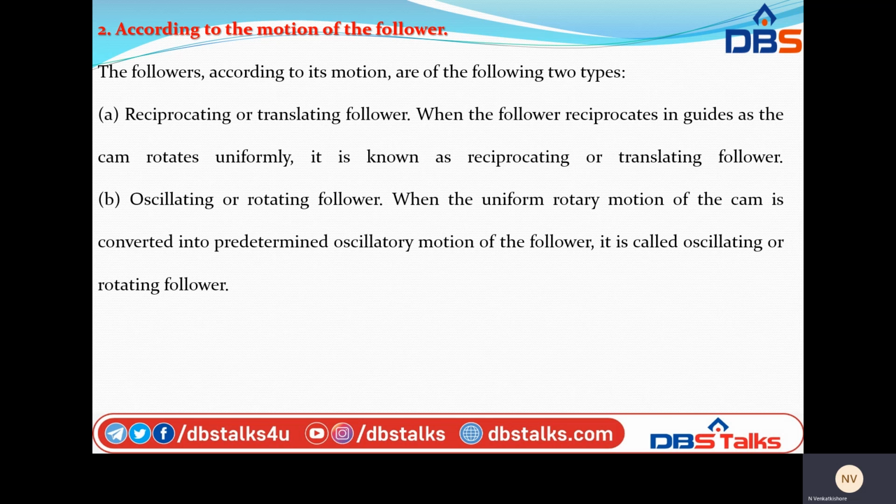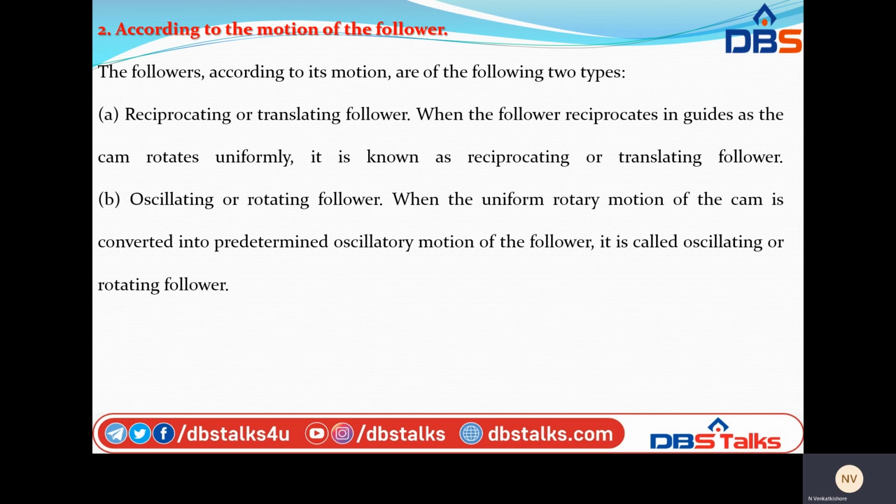We already noted that. When the cam is rotating uniformly, the follower is moving with reciprocating motion. We already discussed previously the roller, knife edge and flat faced followers. These are all related to the reciprocating or translatory follower.